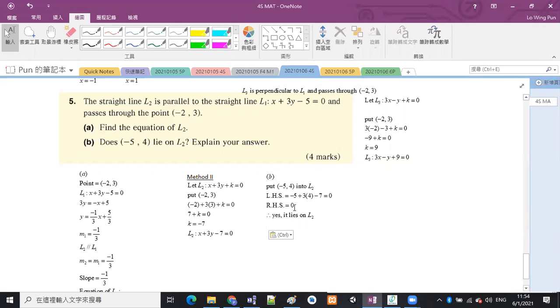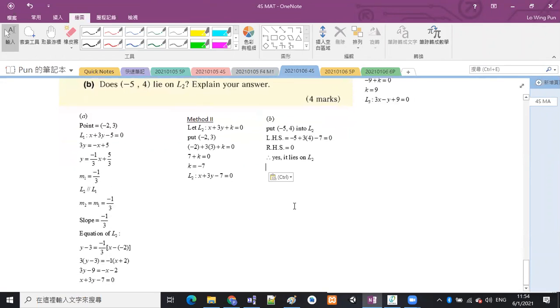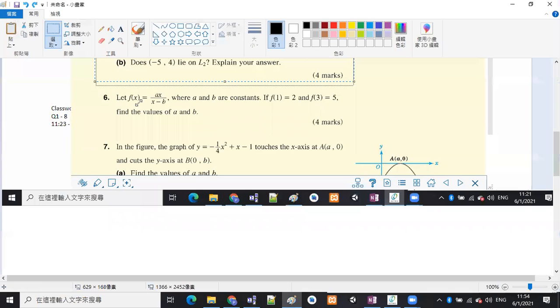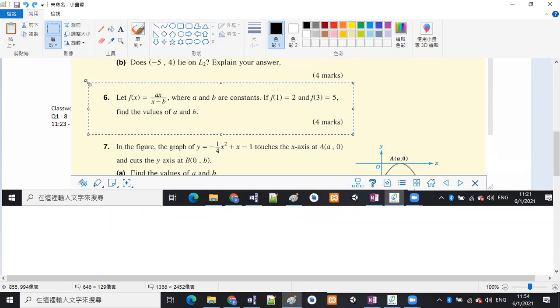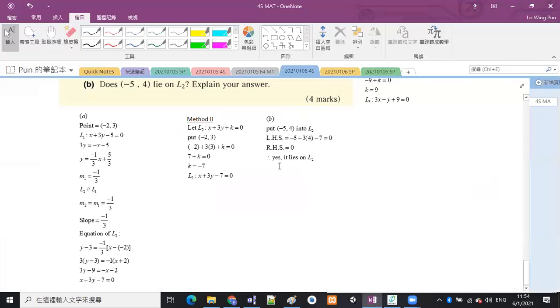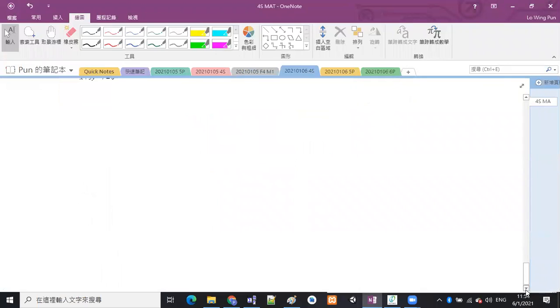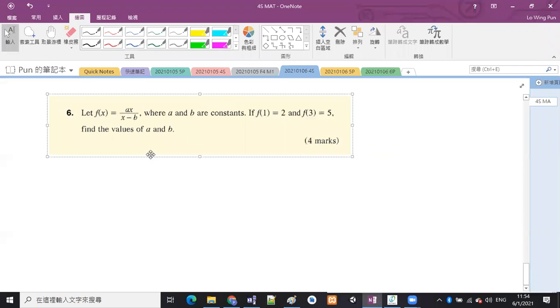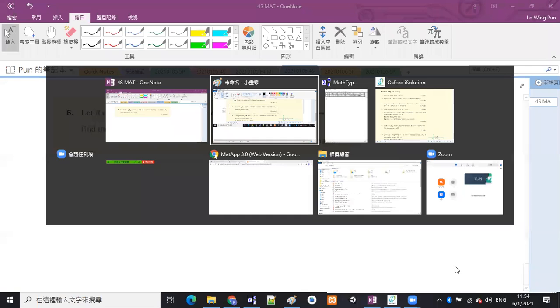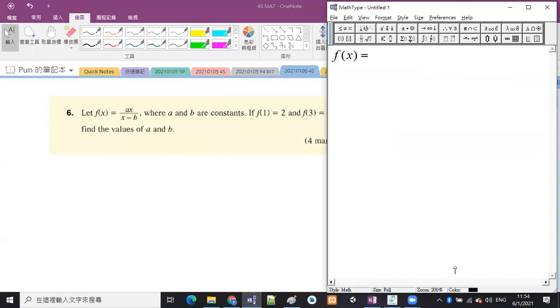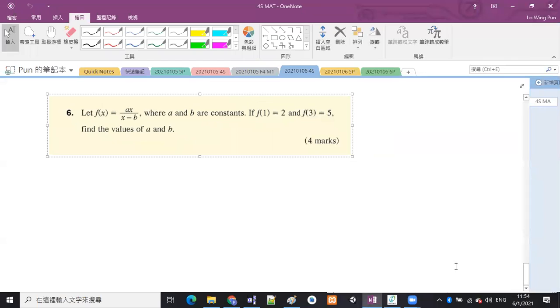Number 6. Let fx be this fraction. So fx be ax over x minus b, and then a, b are constants.